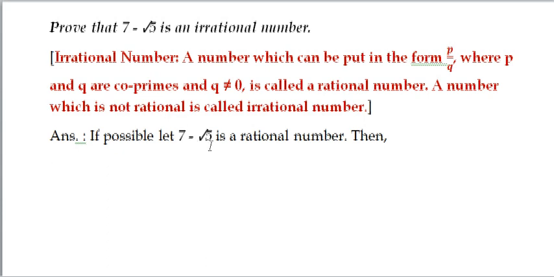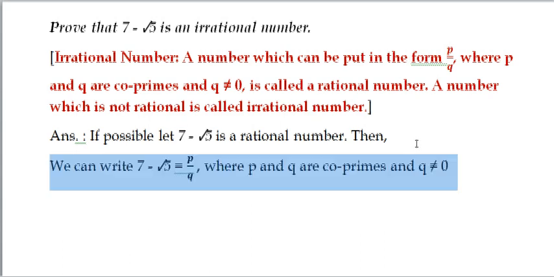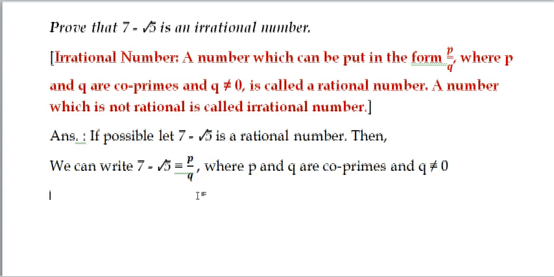Let us suppose, if possible, that 7 minus root 5 is a rational number. Then we can write 7 minus root 5 equal to p by q, where p and q are co-primes and q is not equal to 0, because all rational numbers as per the definition can be written in the form p by q.